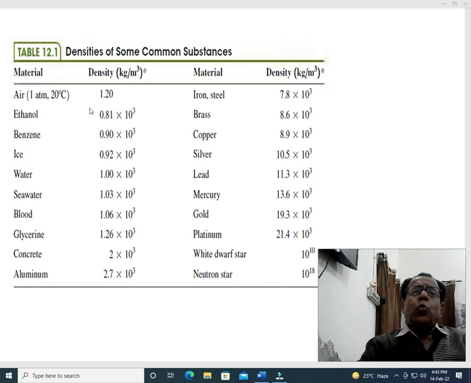On the left column at serial number 5, density of water is given as 1.00 into 10 raised to the power 3, that is to say 1000 kilogram per meter cube. Okay, density of water is 1.00 into 10 raised to the power 3 kilogram per meter cube.